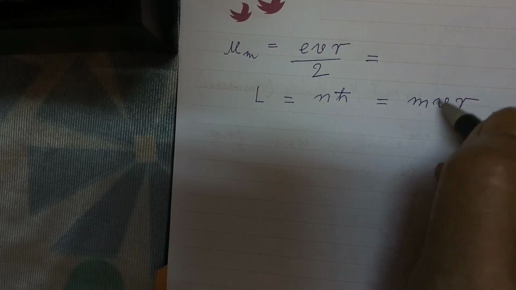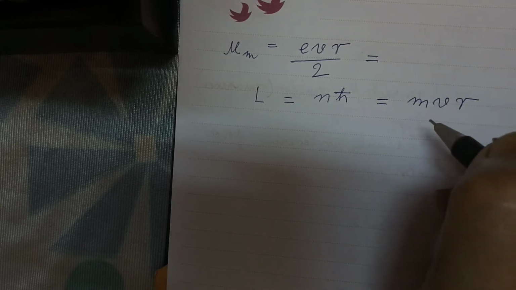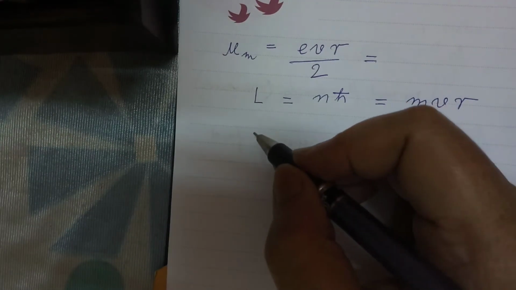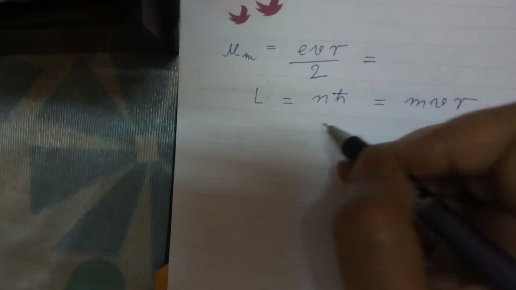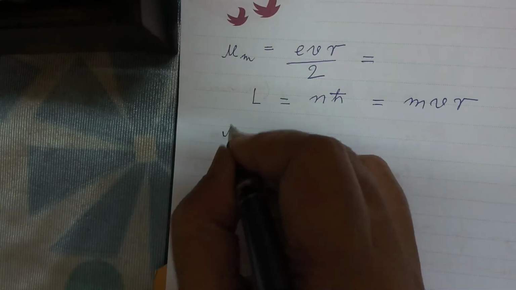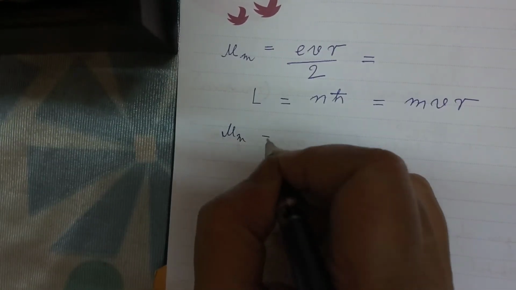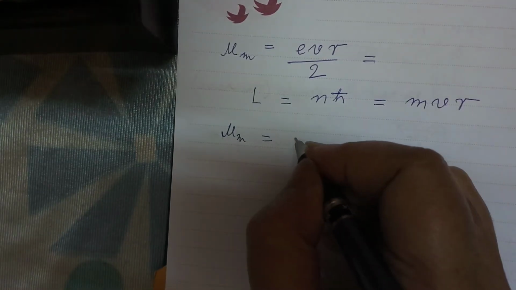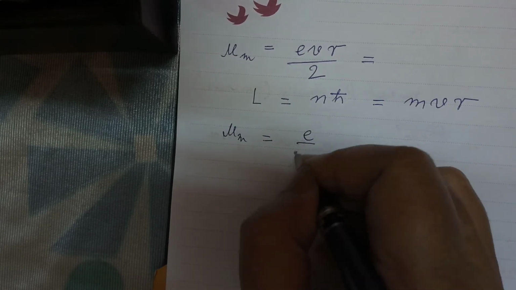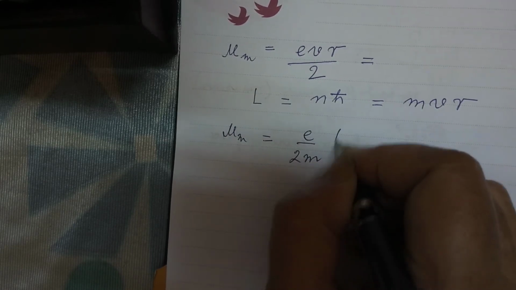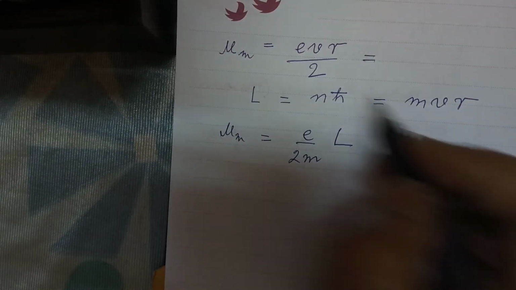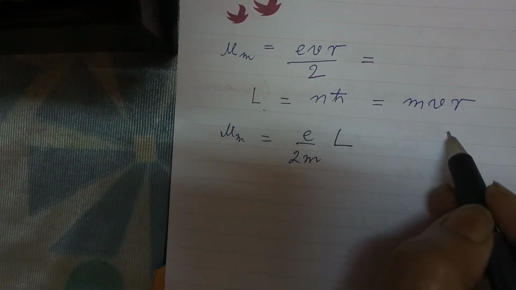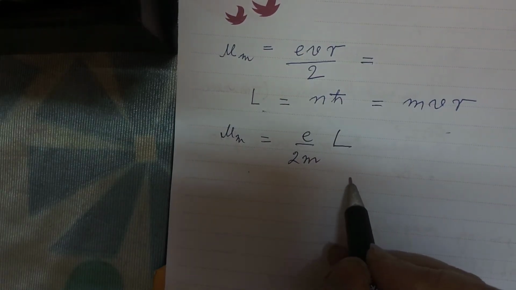So V r we can write as L by m. So we can write this as mu m is equal to E by twice m L, isn't it? We can write it in this manner.